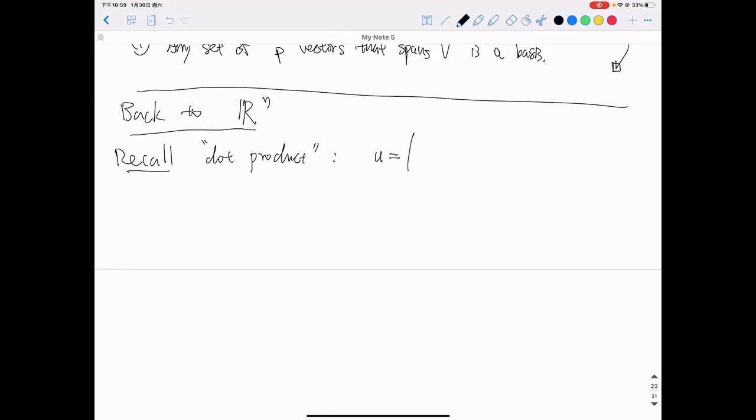You have two vectors u with entries u1 through un and v with entries v1 through vn, vectors in Rn. Then u dot v is defined to be u1 times v1 plus u2 times v2 plus up to un times vn.